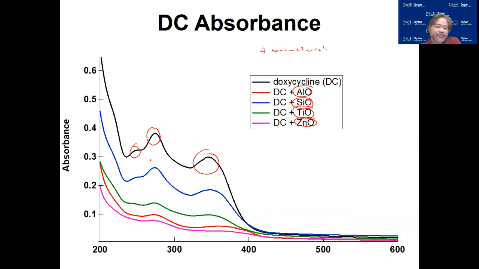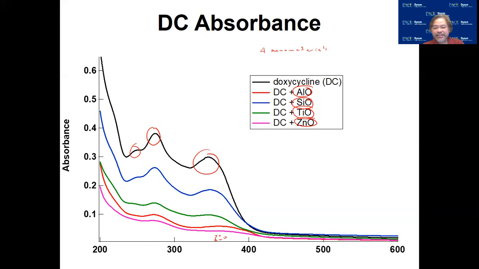The reduction of the absorbance would mean that some of the antibiotics bind with the nanomaterials, and the behavior differs depending on the nanomaterial that was used. The one that has the highest reduction in the absorbance is the zinc oxide.